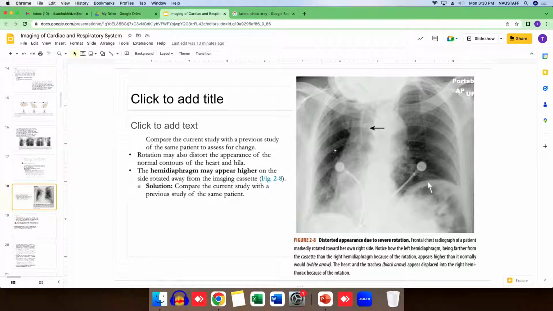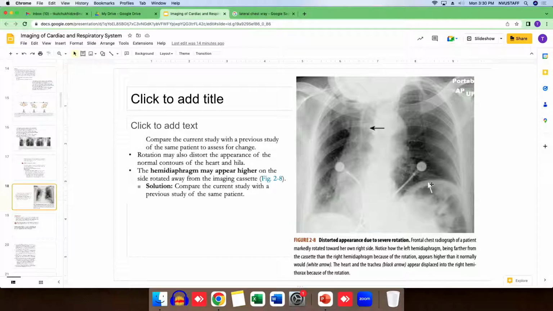As you see here, we have severe rotation in this chest X-ray, and how you can check that is, you see this clavicle is more frontal and this one is more backwards, right? So the clavicles are not standing in their normal location.